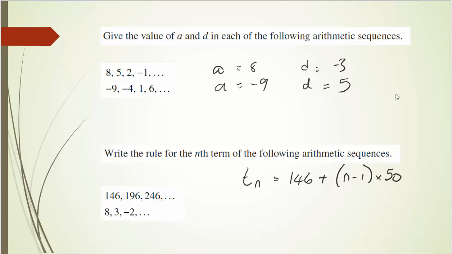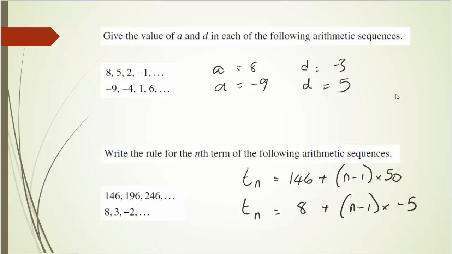Second one, Tn again, that's what you do each time, equals 8. You still put a plus there, still put n minus 1 there, times the difference. Now they're going down in 5s, so times negative 5.